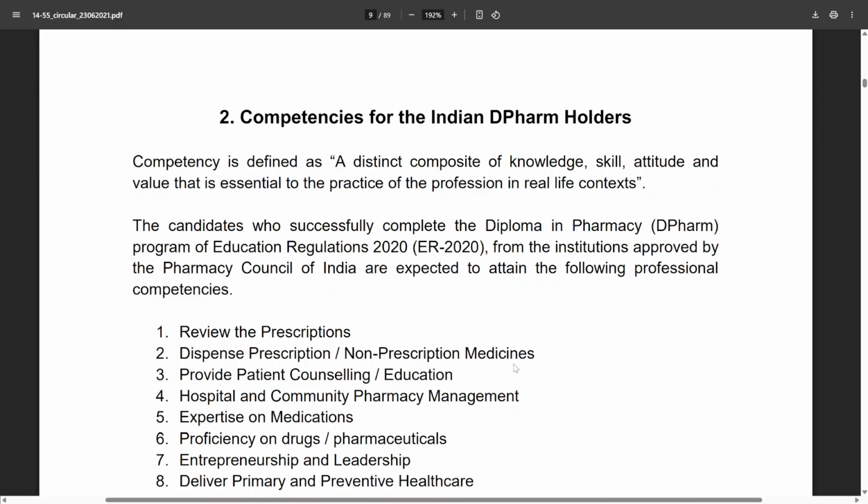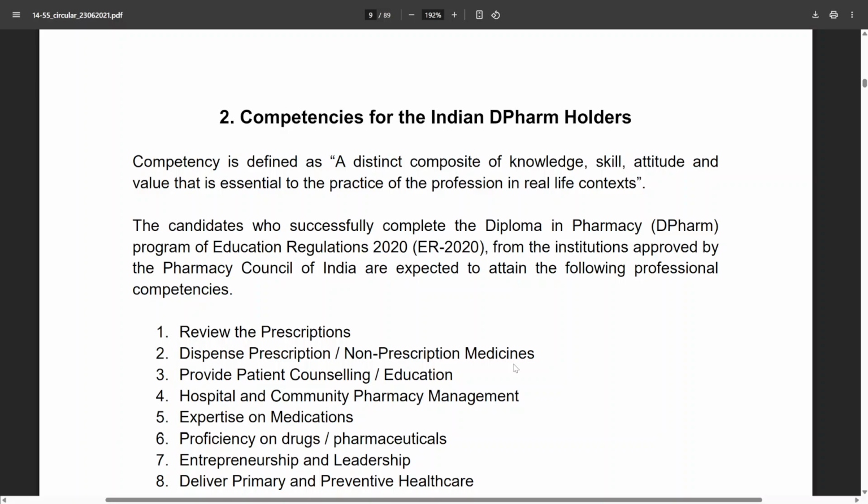Competency is defined as a distinct composite of knowledge, skill, attitude and value that is essential to the practice of the profession in real life contexts. The candidate who successfully completes the Diploma in Pharmacy (DPharm) program of Education Regulation 2020 (ER 2020) from the institutions approved by the Pharmacy Council of India is expected to attain the following professional competencies.